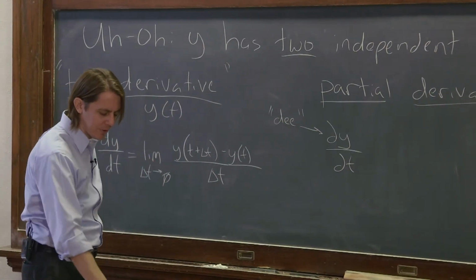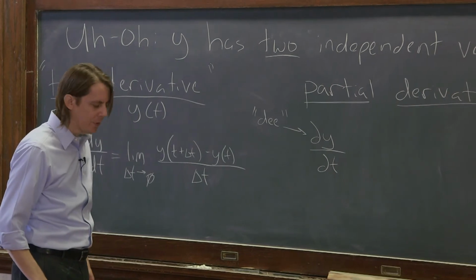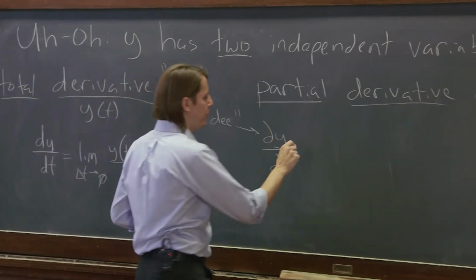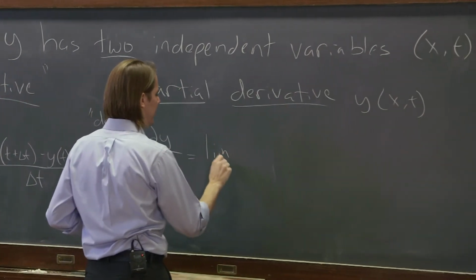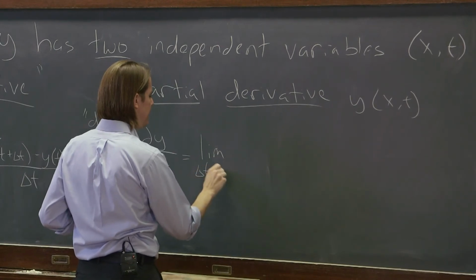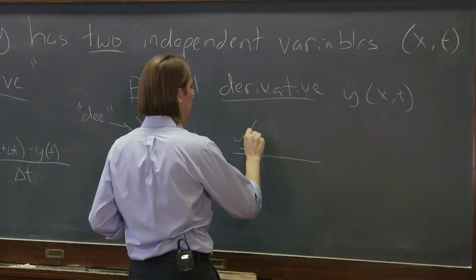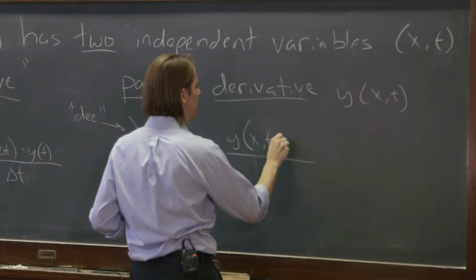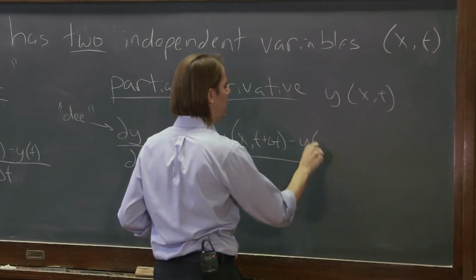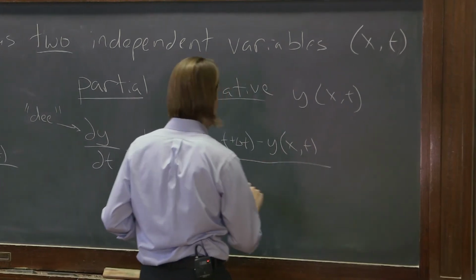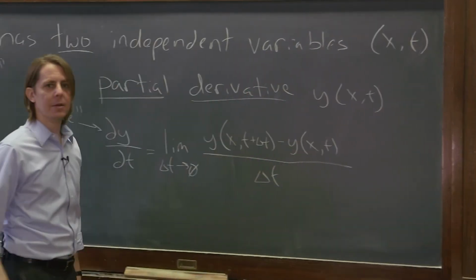You can probably get away with using a delta if you're being sloppy. Let's define this partial derivative. It is also the limit as delta t approaches 0 of y of x and t plus delta t, minus y of x and t, over delta t.